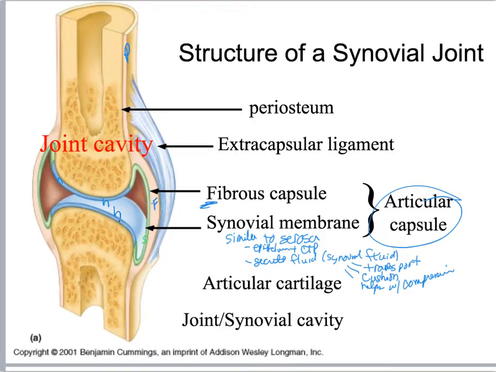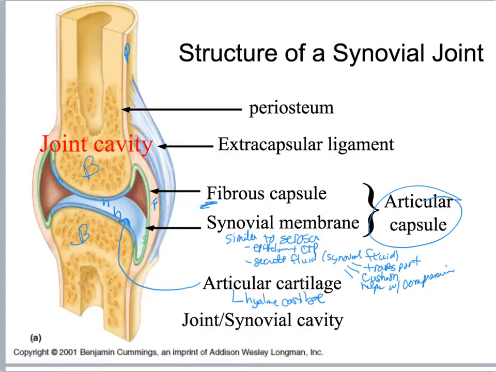Now, actually, let's draw an arrow, okay? So articular cartilage is made out of hyaline cartilage, and it's going to coat the ends of the bone, okay? So then you've got bone and bone. You've got the entire articular capsule composed of the fibrous and the synovial membrane.